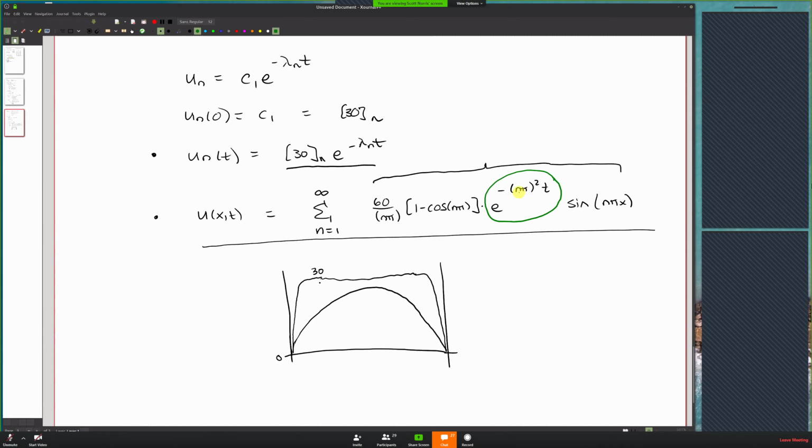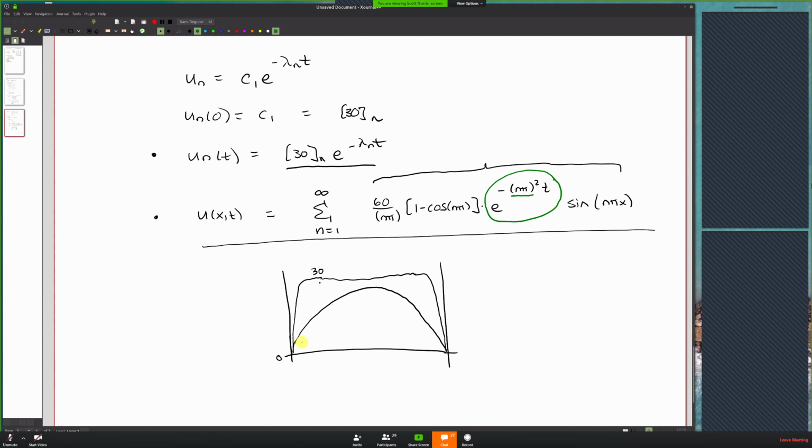Small values of n decay with some speed, but if I go from n equals 1 even to just n equals 2, then this term right here quadruples. And that mode, the n equals 2 mode, decays 4 times as fast as the n equals 1 mode. The n equals 3 mode decays 9 times as fast, the n equals 4 mode decays 16 times as fast. And so before long, all of your modes have basically disappeared except n equals 1, right?